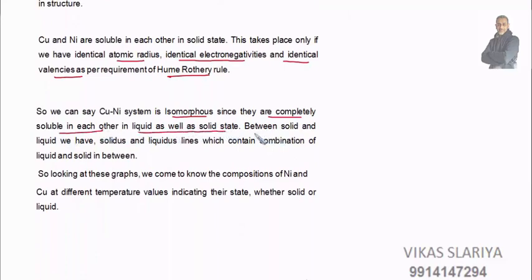Between solid and liquid, we have solidus and liquidus lines which contain a combination of liquid and solid in between. Looking at the graph, we come to know the composition of nickel and copper at different temperature values, indicating the state, whether solid or liquid.